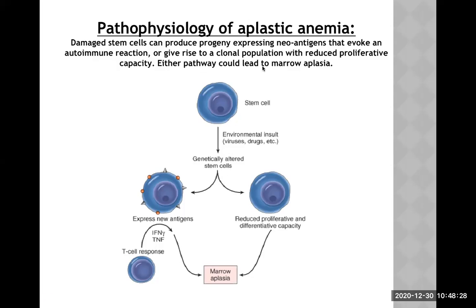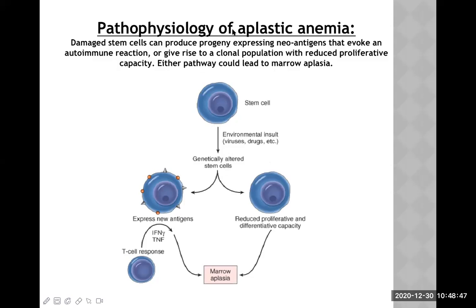That is called mutation. After doing that, these mutated cells will express new antigen on the surface. Means they are a changed cell now. These new antigens are identified by T cell, and T cell will produce certain cytokines.